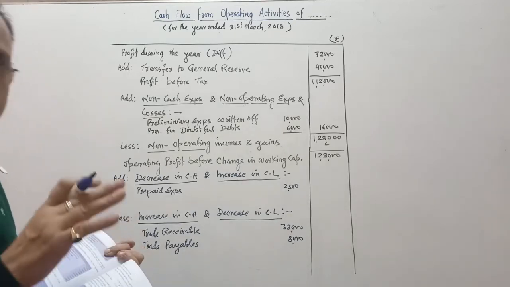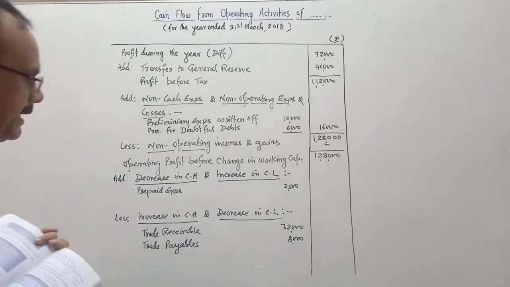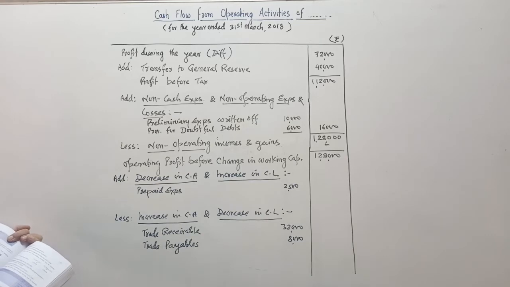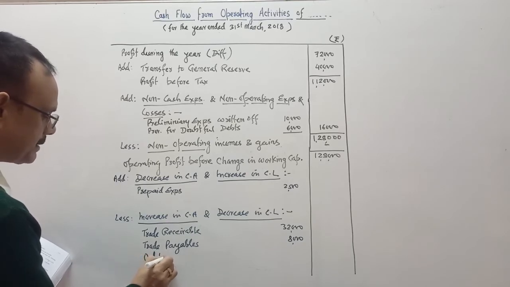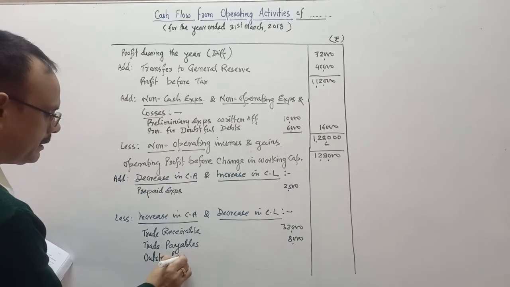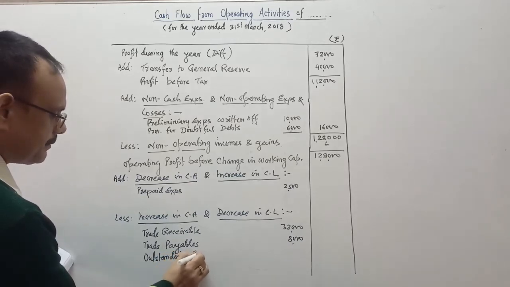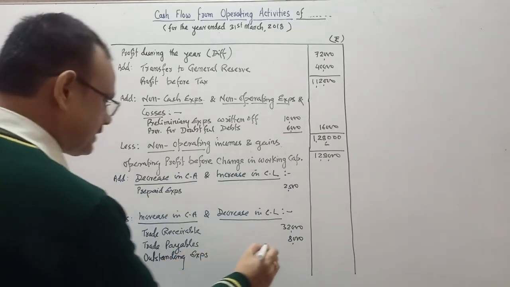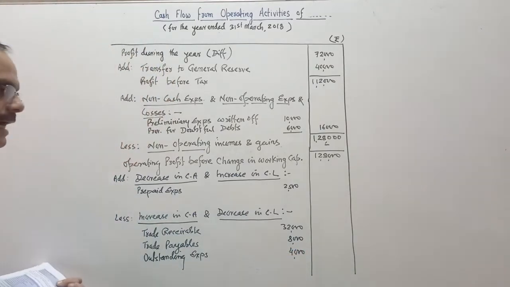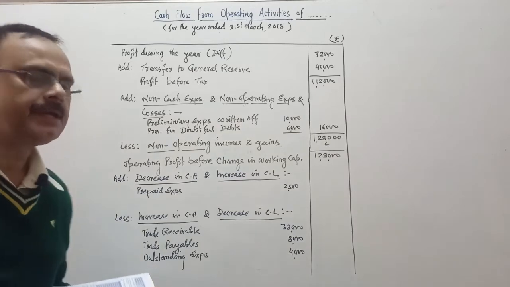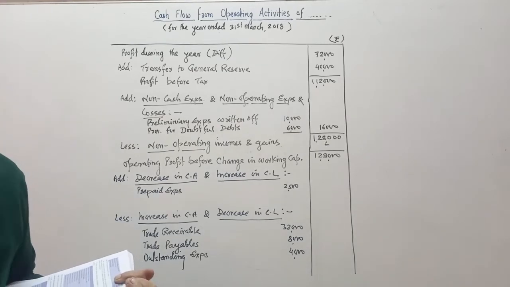Outstanding expenses is a current liability, so when the current liability decreases, we will deduct it. Outstanding expenses decreased by 4,000. Any doubt?